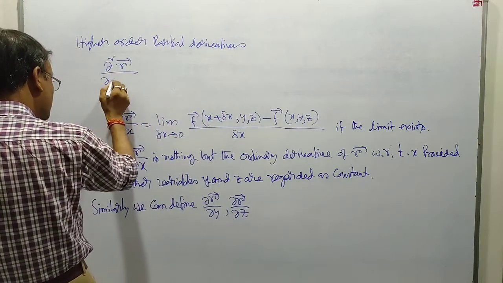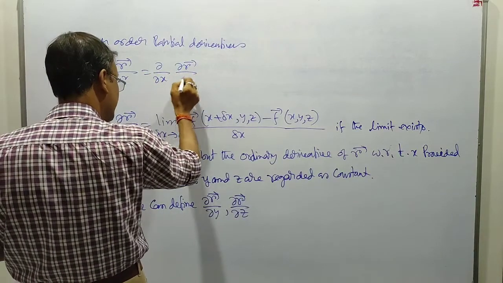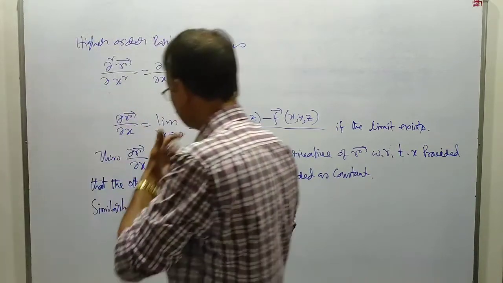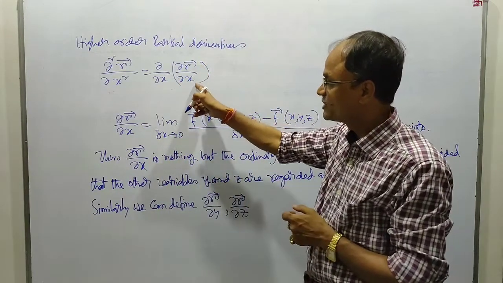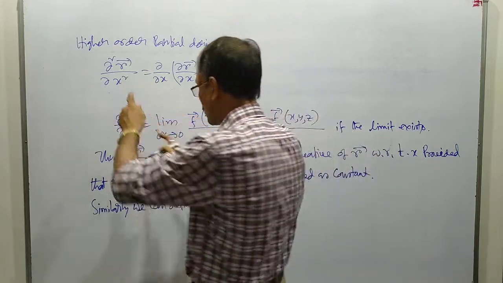The second order differentiation may be written like this: if you differentiate del R del x with respect to x partially, you get the second order derivative.